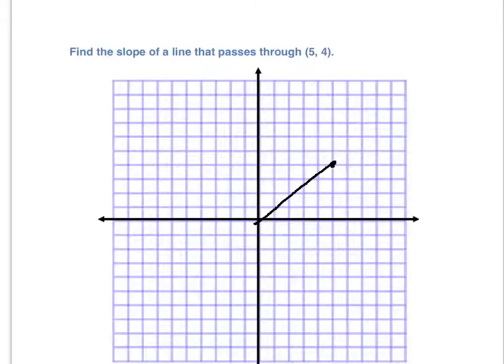And then in order to find the rise and the run, we want to look at this section right here. This is our rise, and if you see we've moved 4 places from the x-axis, and then our run is 5 places.